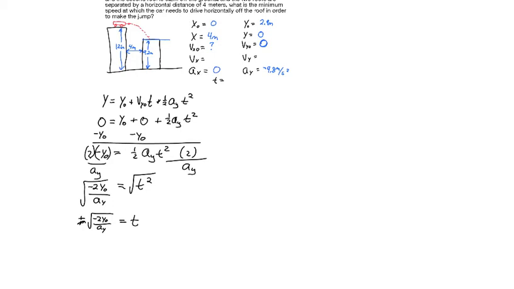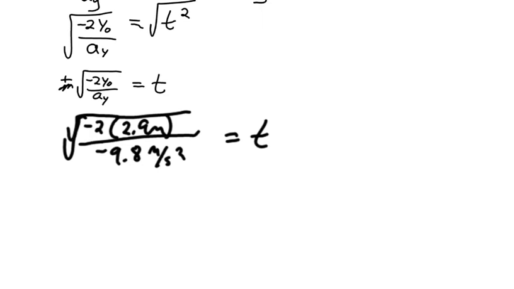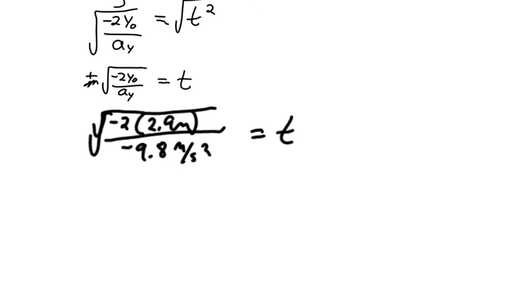I'll have the square root of negative 2 times 2.9 meters divided by, and this is all in the square root, negative 9.8 meters per second squared is equal to t. And so when I type that into the calculator, then we get t is equal to 0.769 seconds.